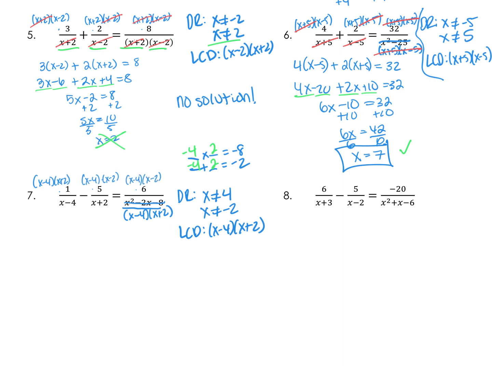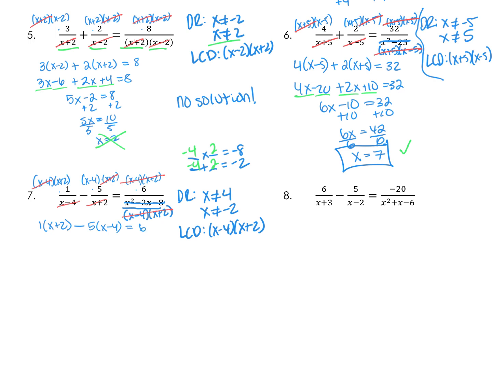Cancel out our denominators. Oops, sorry, plus 2. All of these became +2's. And everything cancels with this last one. So for the first one, we'll have 1 times x plus 2 left. Subtraction. 5 times x minus 4 left.